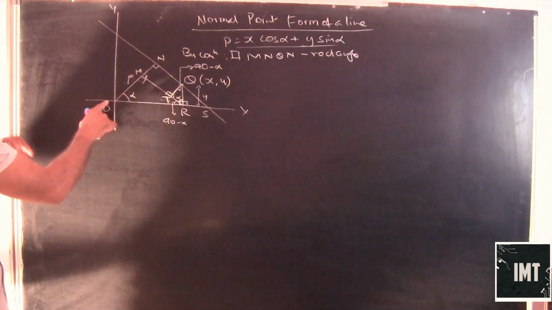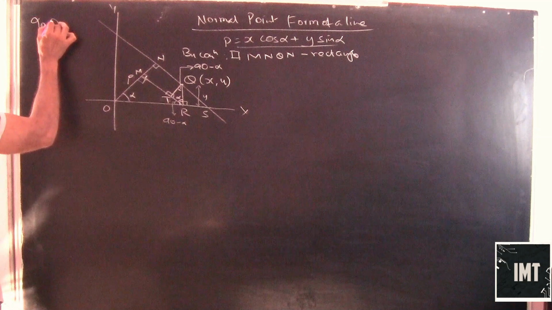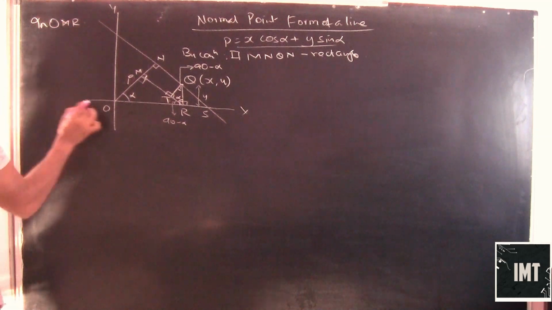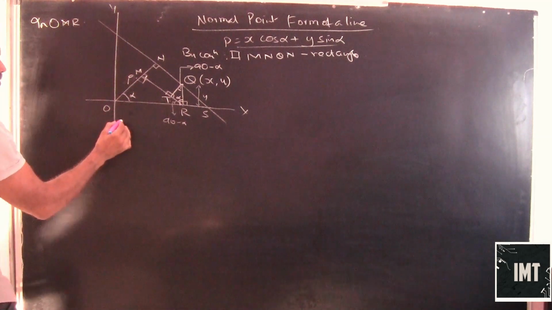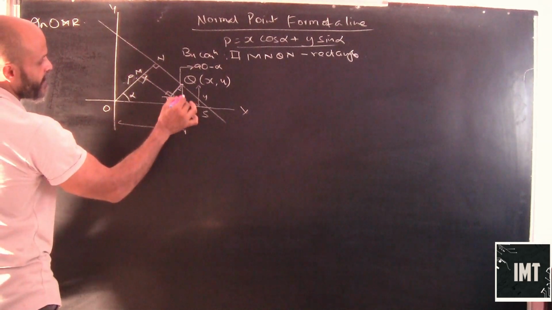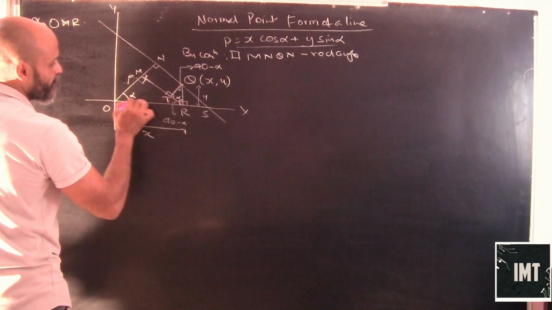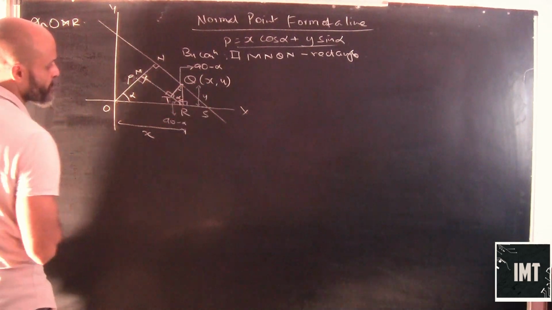All right, so in triangle OMR, what will be the length of this one? It is x, y. So obviously the length of this portion will be x and the length of this portion is y.